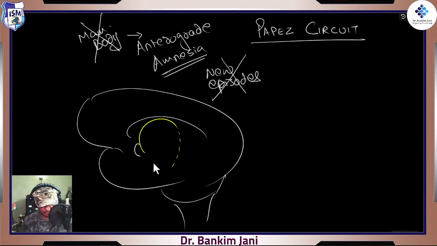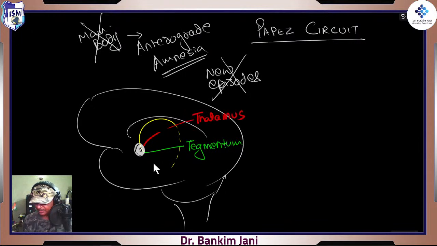The mammillary body is at this location, and it will get the feeds from the thalamus. It will get the feed from the tegmentum, right? Just remember this much about the tegmentum, which we'll talk about in physiology. So this is the thalamus, and this is the fornix.